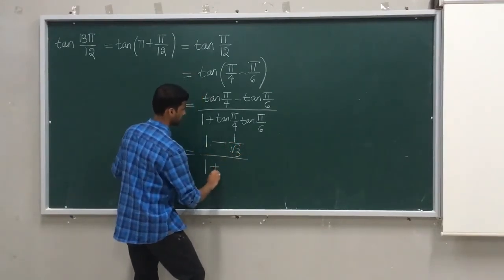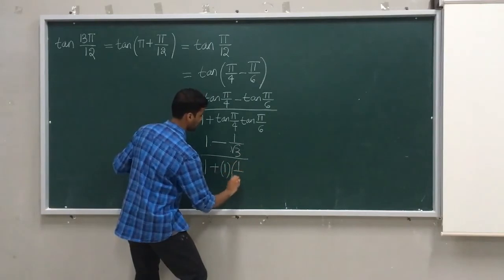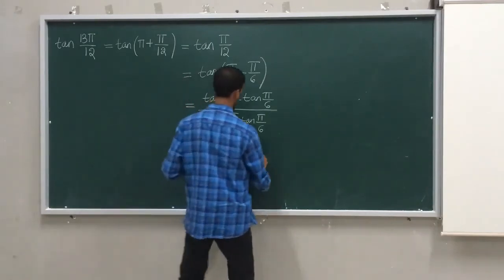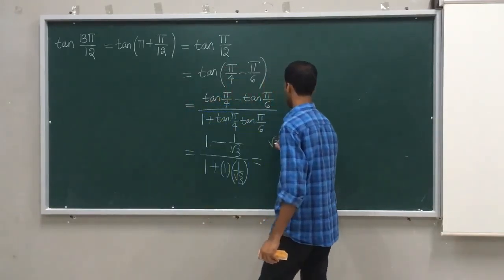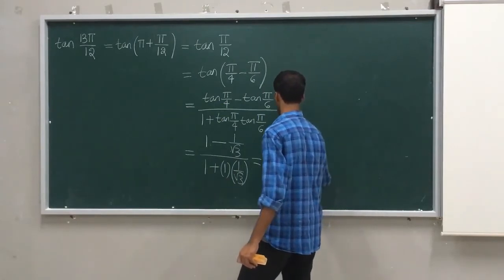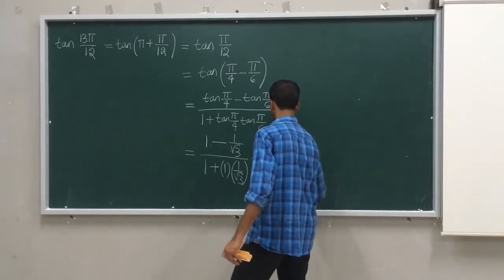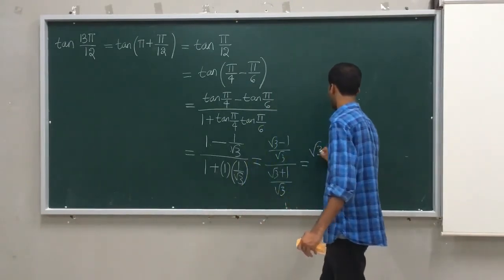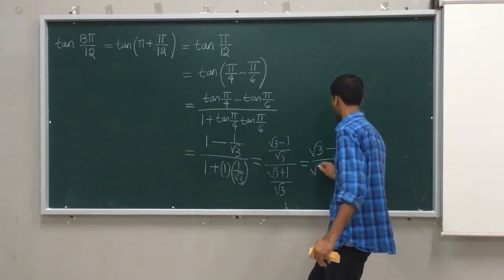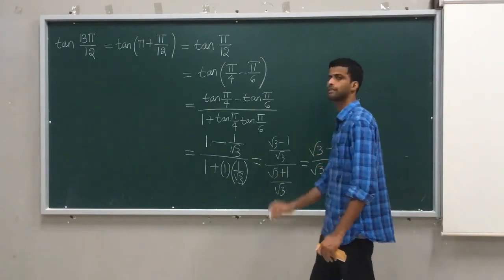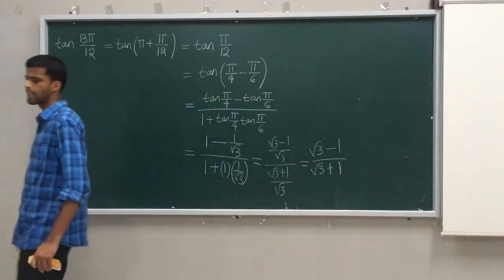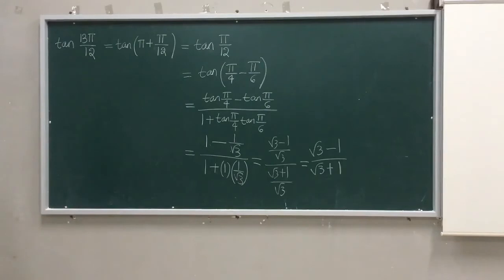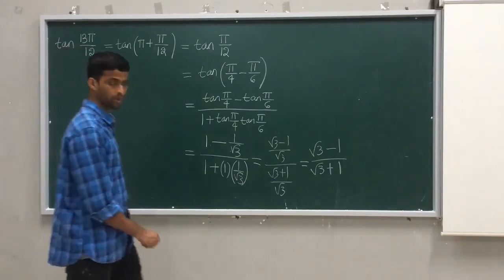Here 1 plus 1 into 1 by root 3. When you take LCM, it is root 3 minus 1 upon root 3, over root 3 plus 1 by root 3. When you simplify, this answer becomes root 3 minus 1 upon root 3 plus 1. So tan 13 pi by 12, the answer is root 3 minus 1 divided by root 3 plus 1.